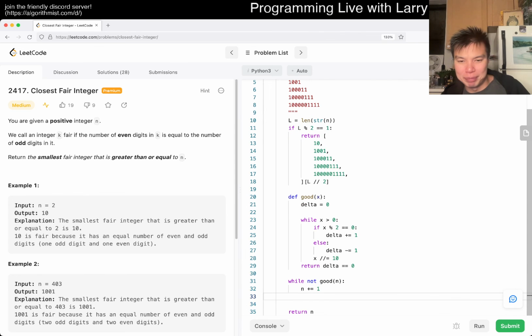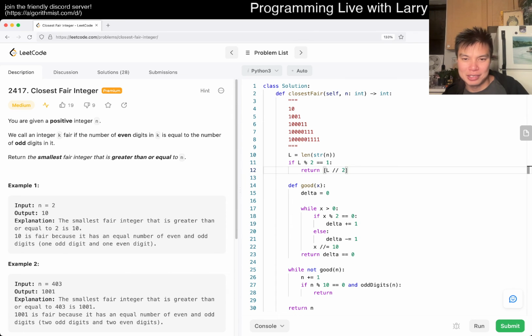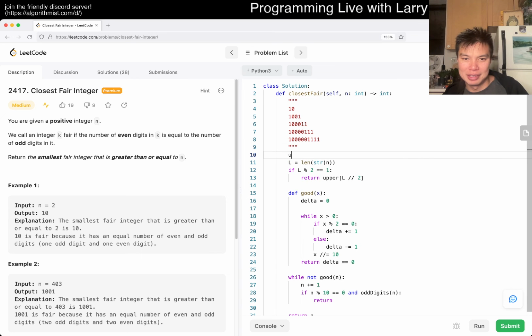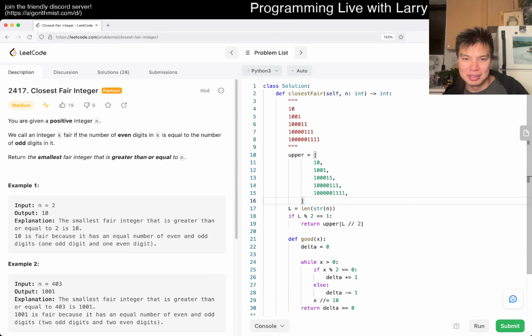I guess we could do a cheap test first, which is, if odd digits of n, return. I guess now I should put this on the thing. This is called upper bound, maybe.